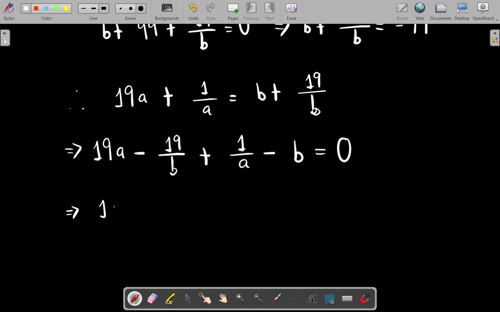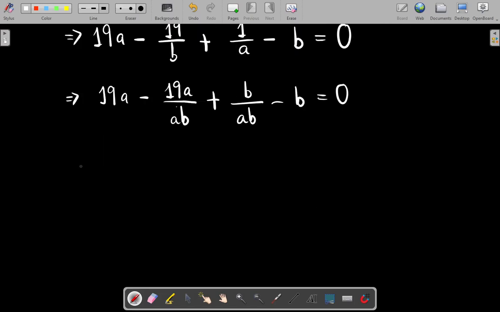Then we have 19a - 19a/ab, and 1/a becomes b/ab, minus b equal to 0.